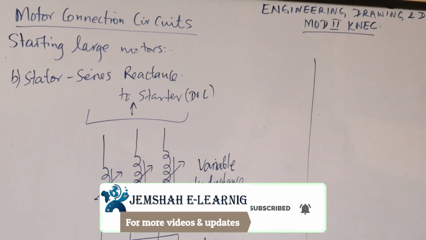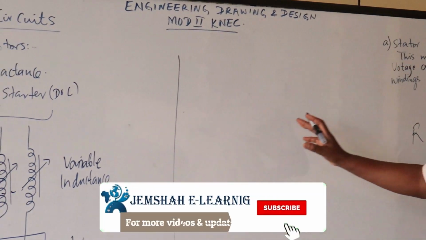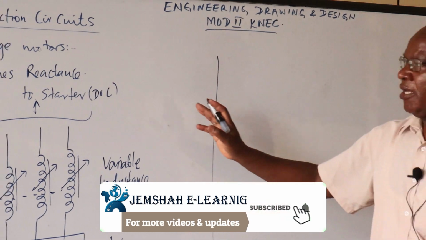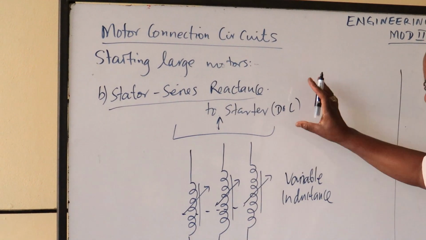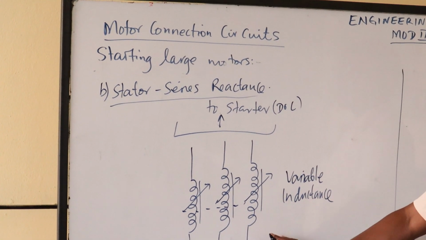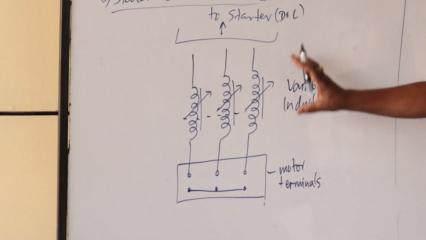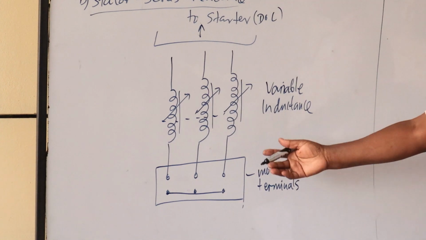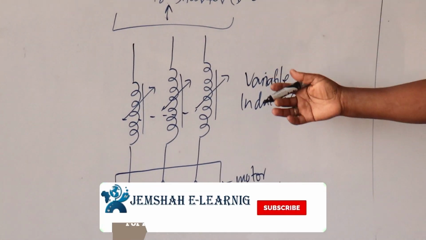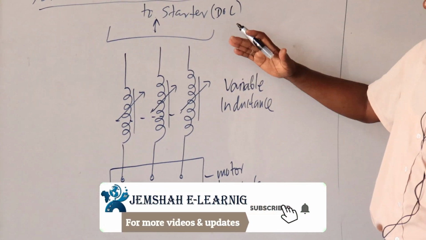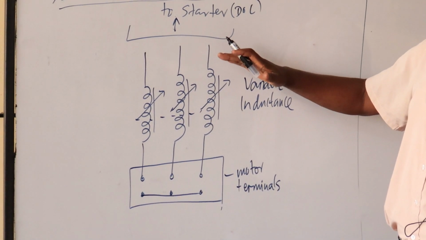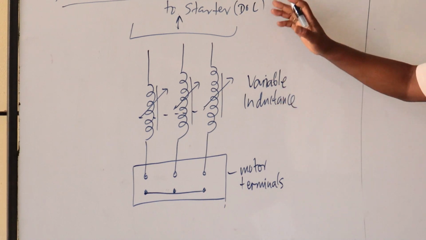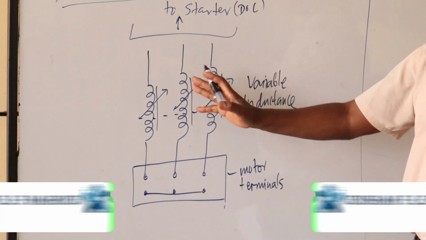Okay. Now, the other method we can use for reducing our starting voltage is to connect a stator series reactance, a reactance in series with our motor. Then once it starts, the inductance is gradually reduced until, when it reaches the full running, the full rated current, the inductor will be minimized.